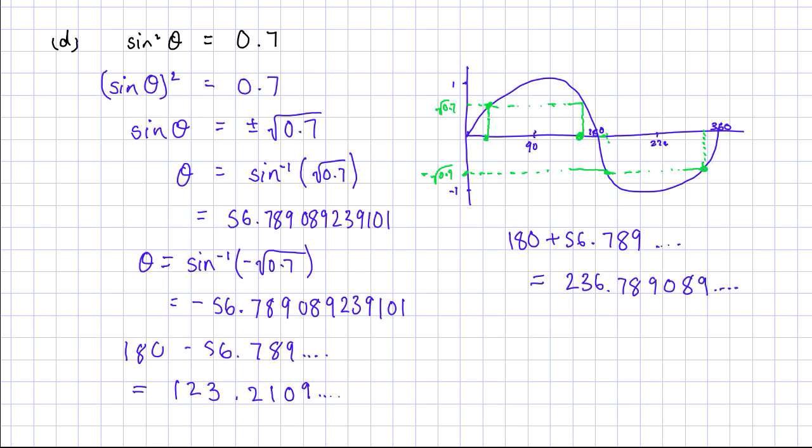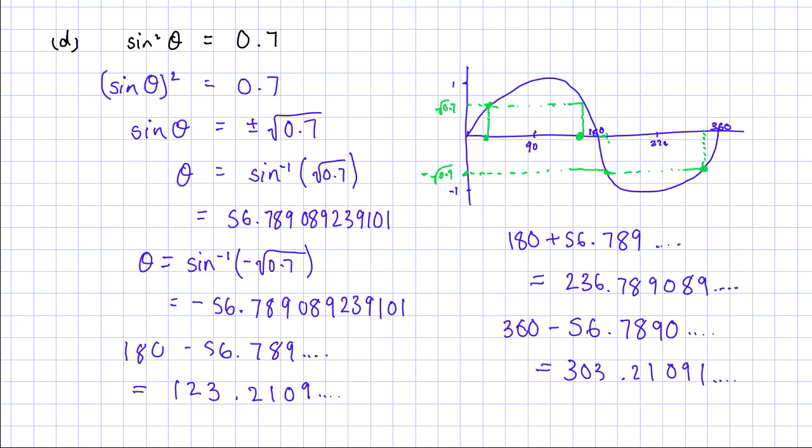So let's write that down: 360 take away 56.789, and it carries on. The value I'm going to get is 303.21091, and it carries on.